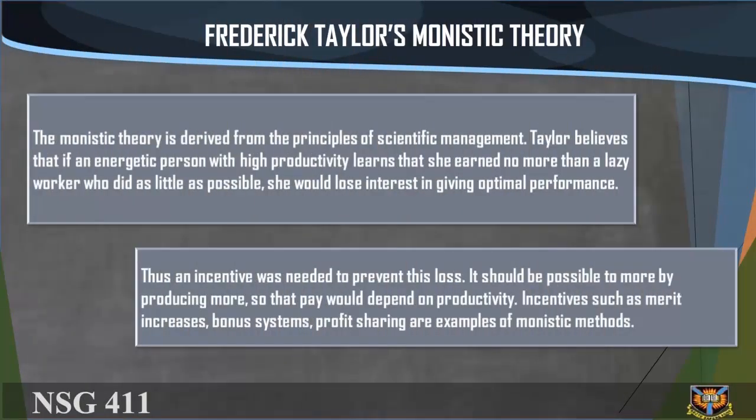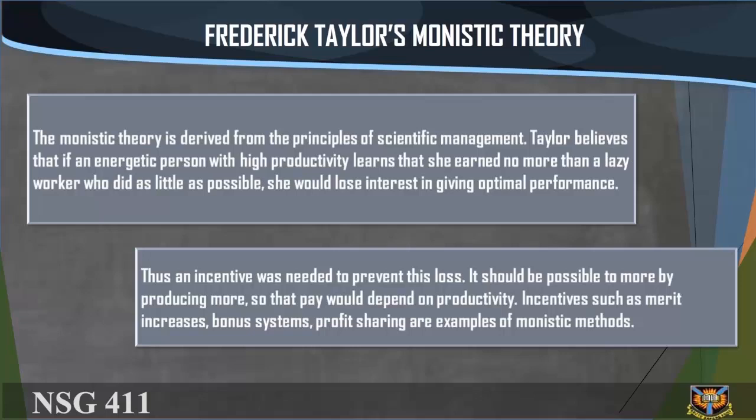Frederick Taylor's Monistic Theory. The monistic theory is derived from the principles of scientific management. Taylor believes that if an energetic person with high productivity learns that she earned no more than a lazy worker who did as little as possible, she would lose interest in giving optimal performance.